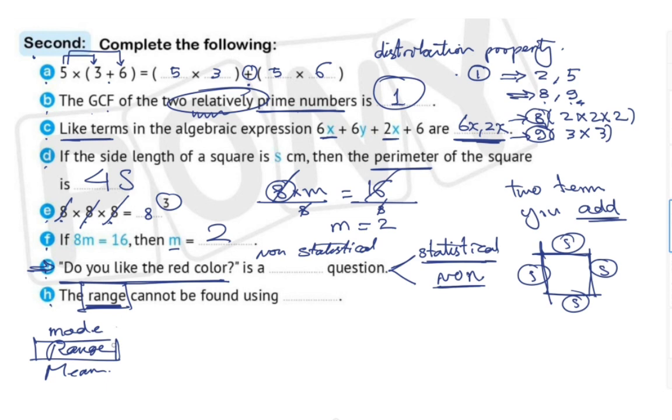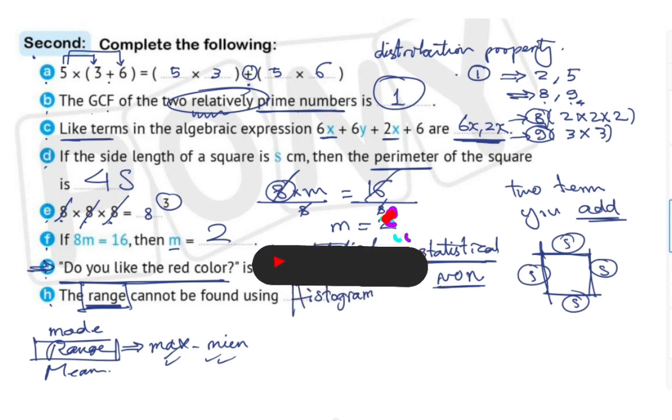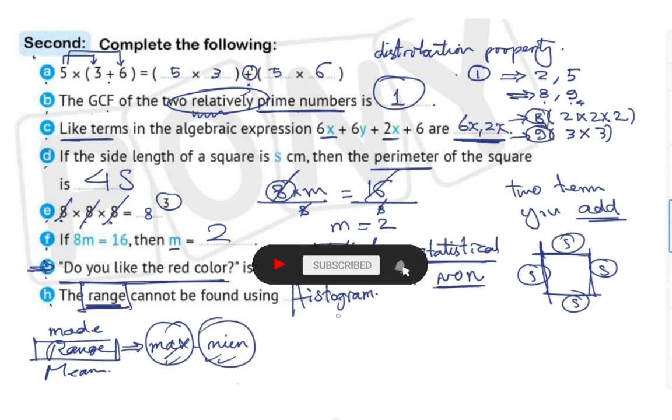The range equals maximum minus minimum. With a dot plot, you can find the maximum and minimum. With a box plot, you can find the maximum and minimum. But with a histogram, you cannot find the maximum or minimum. Why? Because a histogram uses intervals. That's it.